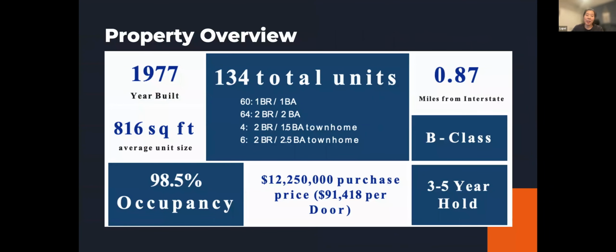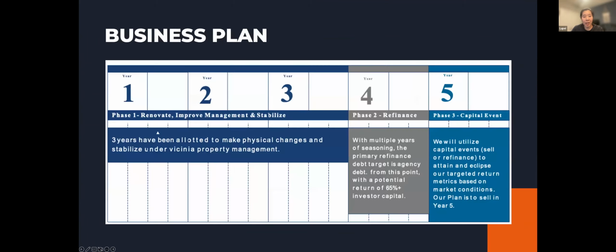This is just the basic business plan going in. This is from the offering memorandum. It gives you a little bit more background on the price and the vintage, and the breakdown of units. For this particular property, we are on a 5-year plan.